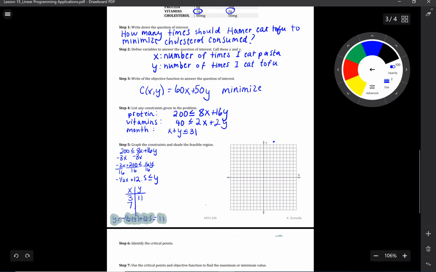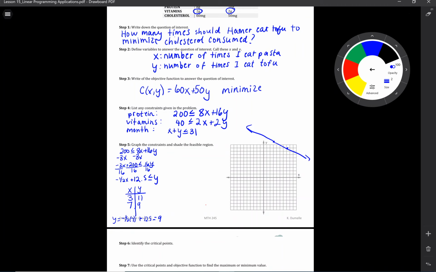That gives me y equals negative 1/2 times 7 plus 12.5, which is negative 3.5 plus 12.5, which is equal to 9. So I have the point (7, 9). So my first line, this blue one, will look something like this. That's for protein.